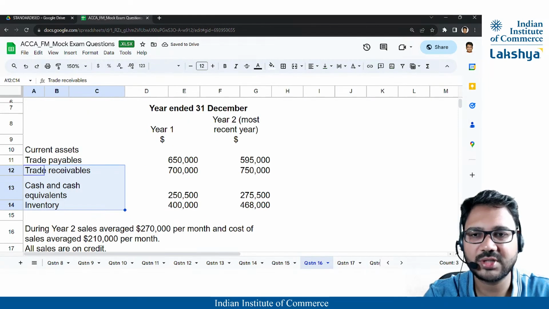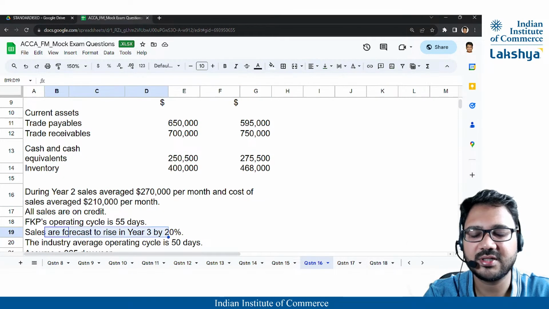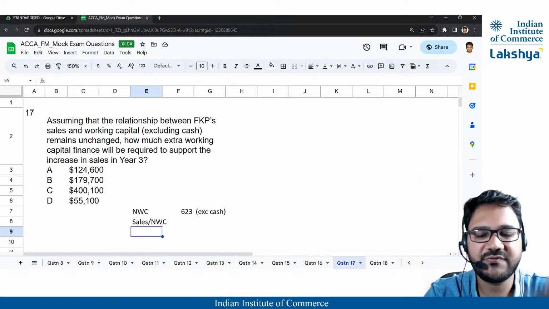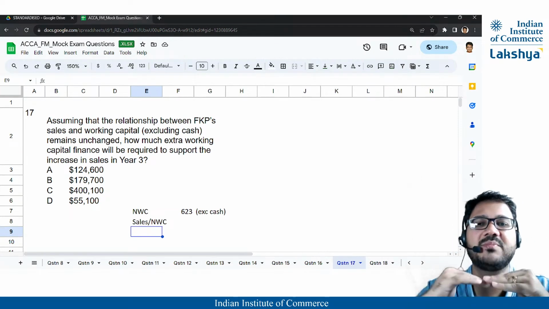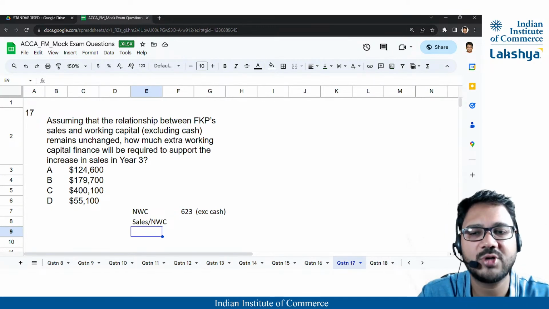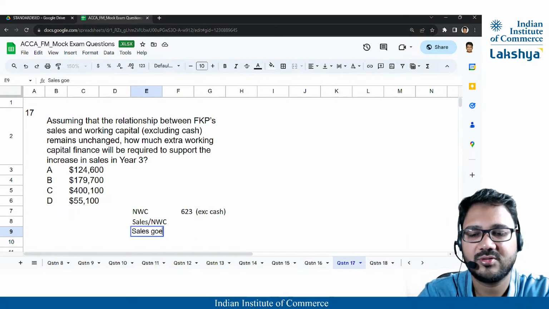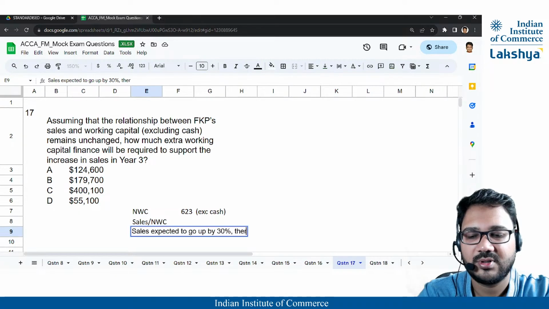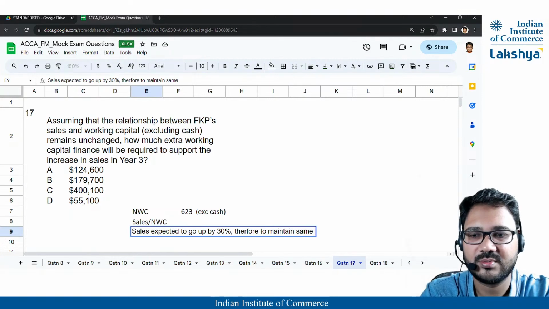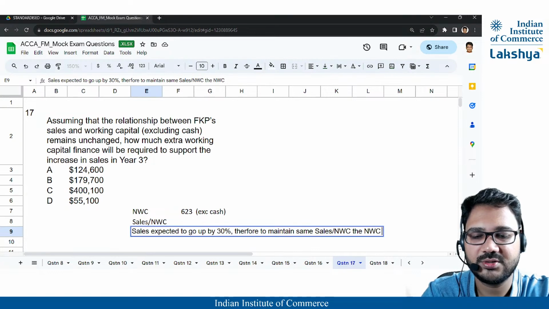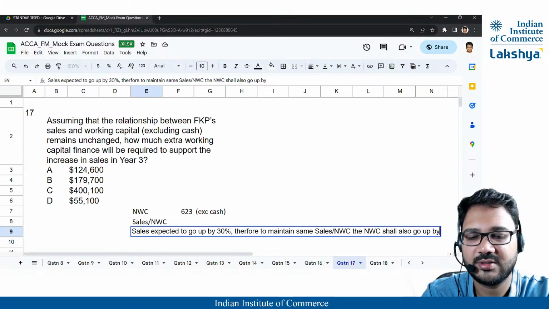Sales in year 3 is expected to go up by 30%, and to maintain the same ratio of sales to net working capital, the net working capital shall also go up by 30%.